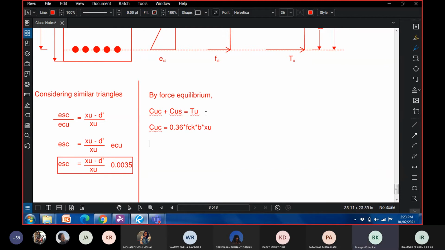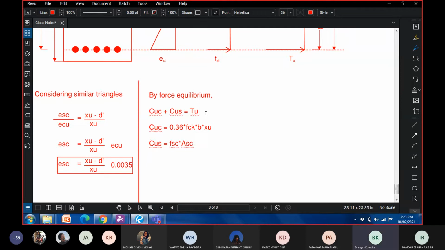Okay, then what is the compression carried by steel? This is equal to the stress in steel, which is FSC, times the area of steel in compression.